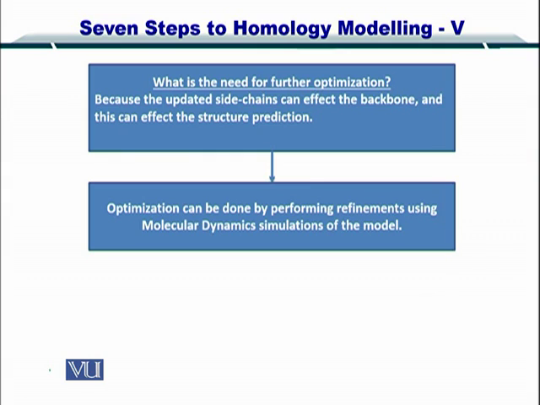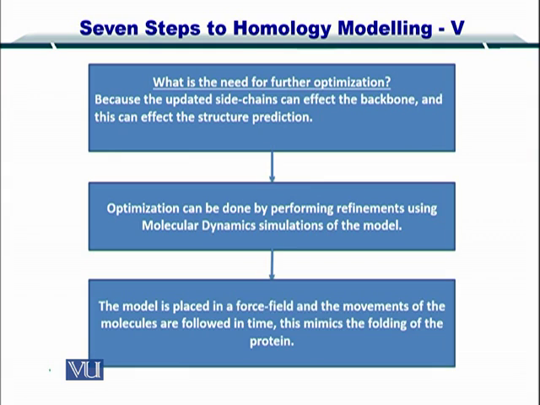Molecular dynamics, or simply MD simulations, can help you to optimize the predicted protein structure. In MD simulations, you place the protein in a force field. That is, you trap the protein in a region which is part of the simulation such that all the energy and the steric properties of the protein can be studied in isolation.